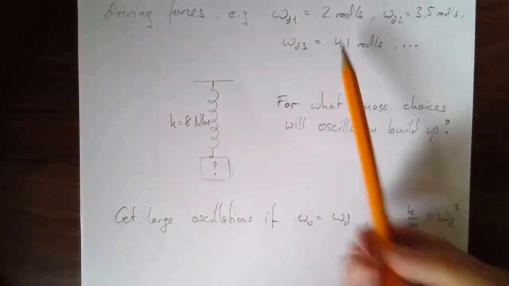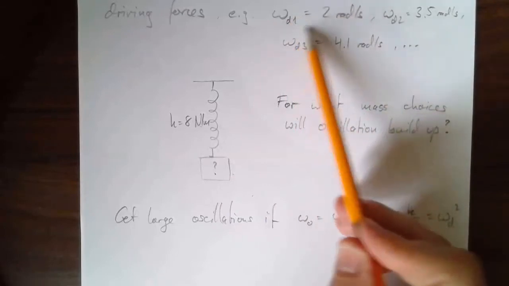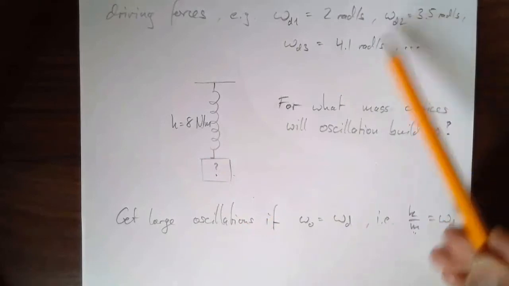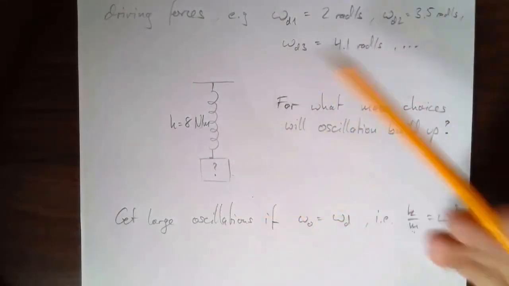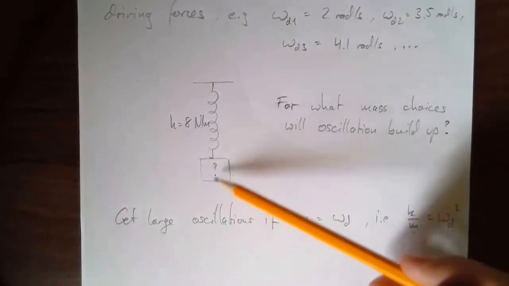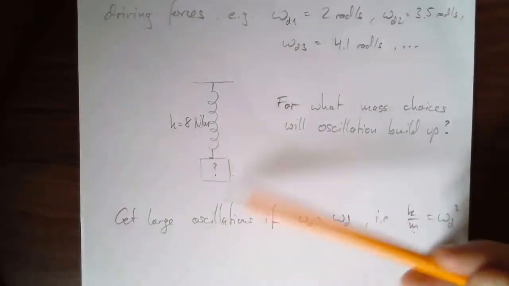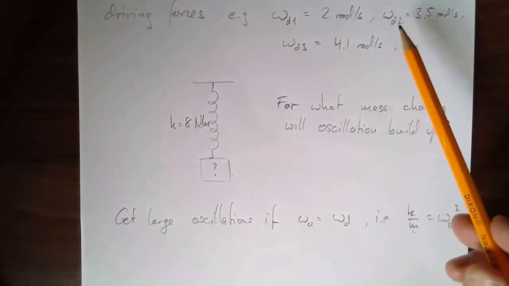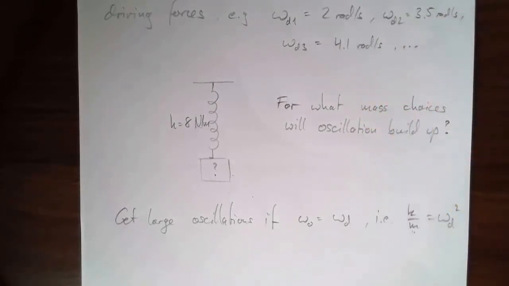Then the mass is going to respond to this driving force that's trying to oscillate it at that rate, and it's going to build up. The other ones are still acting, but because they're out of sync with the oscillation, they're not going to do very much. They make the oscillation less smooth, more wobbly, but they are not going to cause any significant additional oscillation at their respective frequencies, because they're at the wrong frequency.